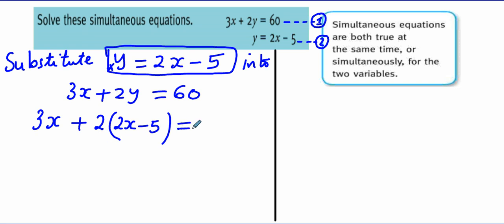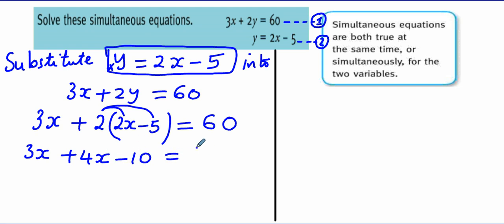That is the value of y. So the equation will be equals to 60. And then you expand the brackets like so, and this will be 3x plus 2 times 2x is 4x, 2 times negative 5, that is negative 10, equals 60.